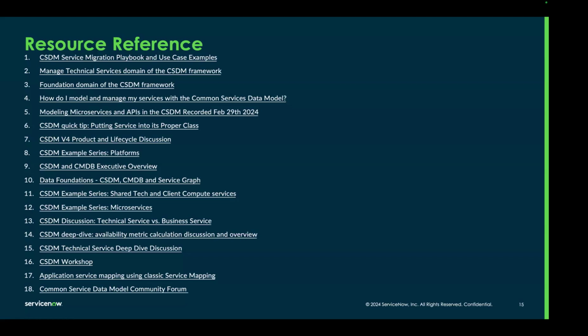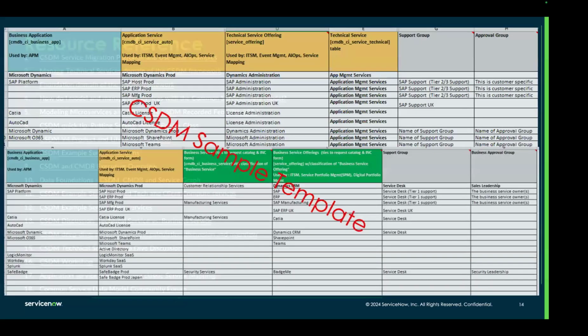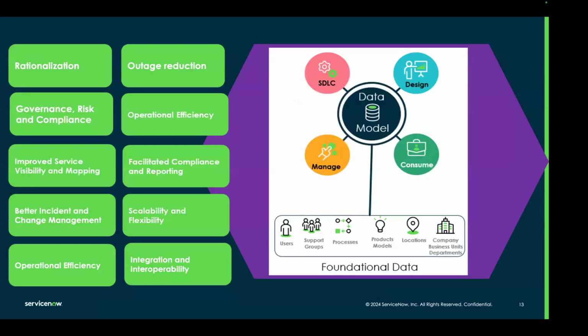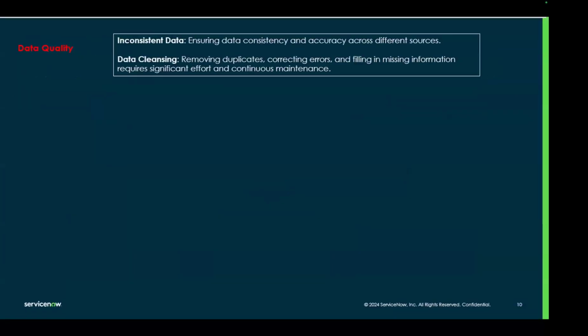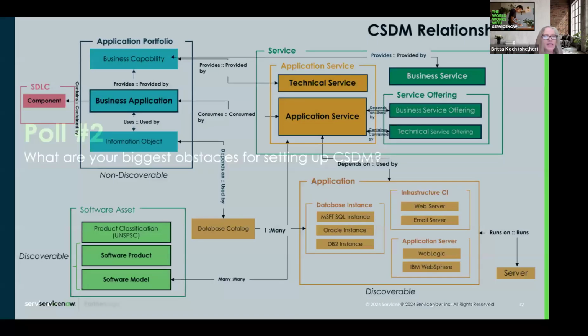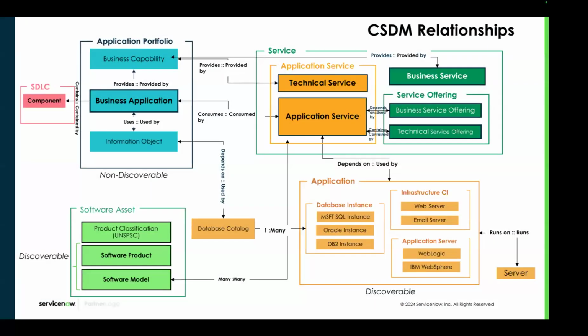If you go back to the diagram, I can show you the relationship. Basically, you can see business capability is usually the last stage.